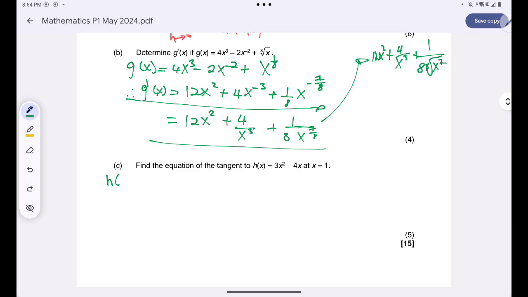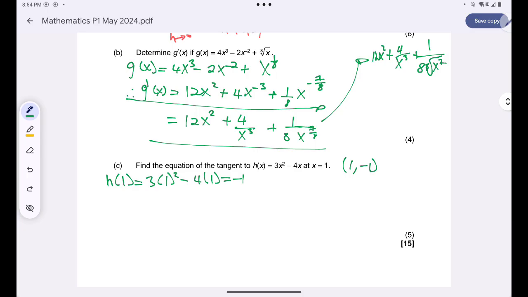So h of positive 1 will give me 3 multiplied by 4. This will give me negative 1, right? So therefore the extra point that I have is 1 and negative 1.